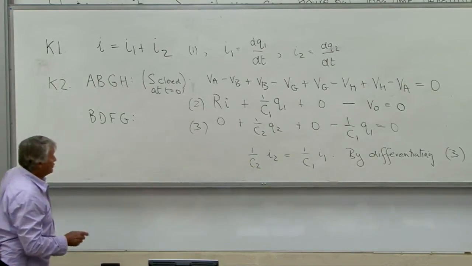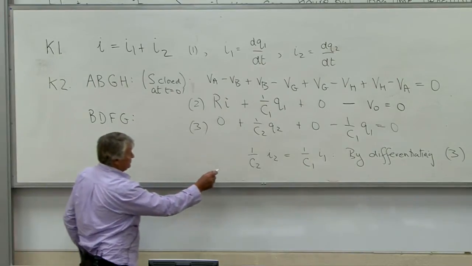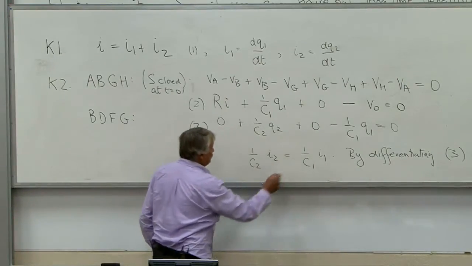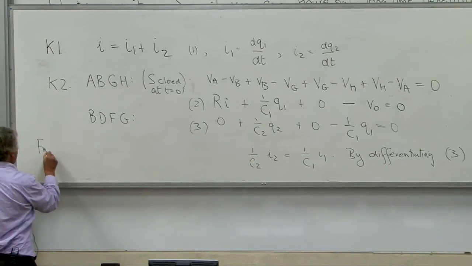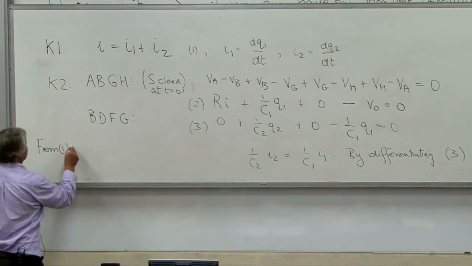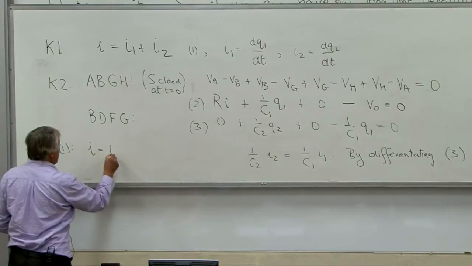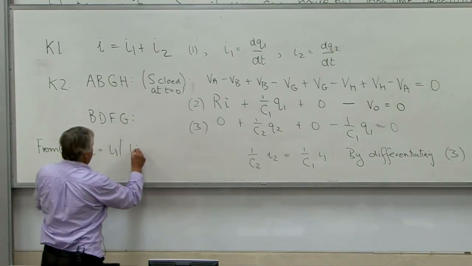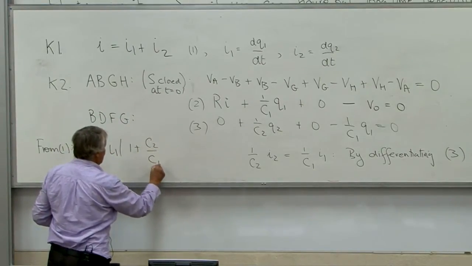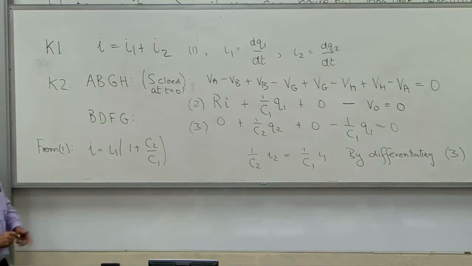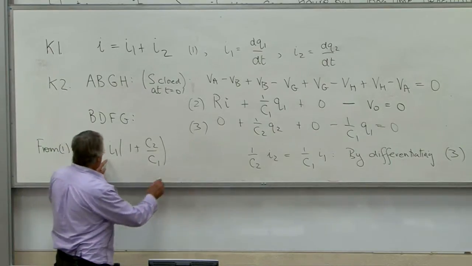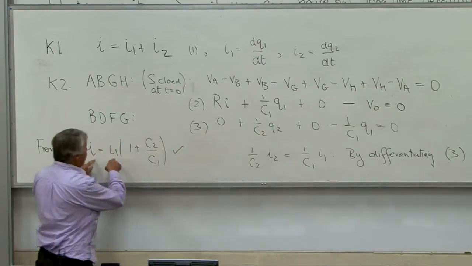So now I know that I2 is I1 times C2 over C1. Then from equation 1, we have I equals I1 times 1 plus C2 over C1, because I2 is C2 over C1 times I1. So now I have a relation between I and I1.